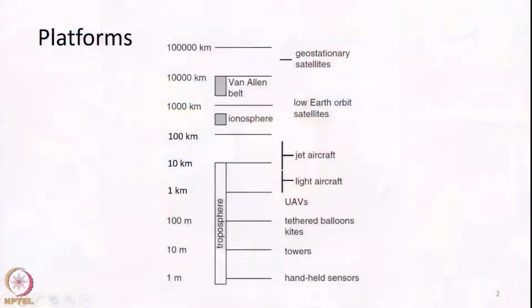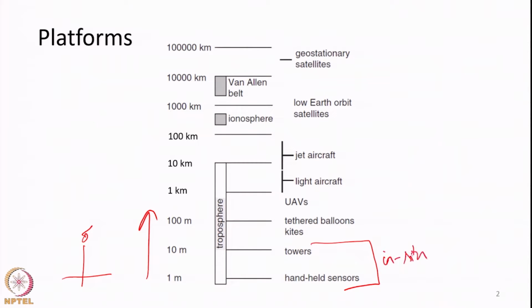A few examples are given in this particular slide. Here you can see there is a very large range in the distance from the target. Say this is the target, the sensor can be placed anywhere ranging from 1 meter to, it depends on the height at which we place the platform. The towers and handheld sensors are basically in situ or ground based platforms.